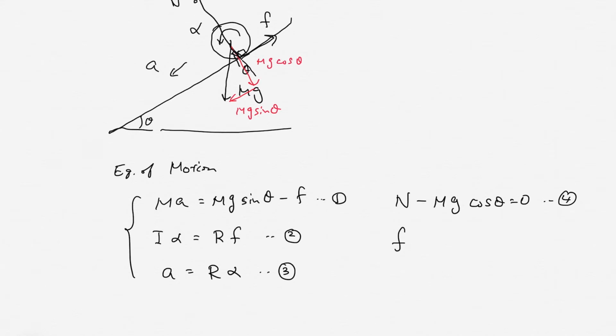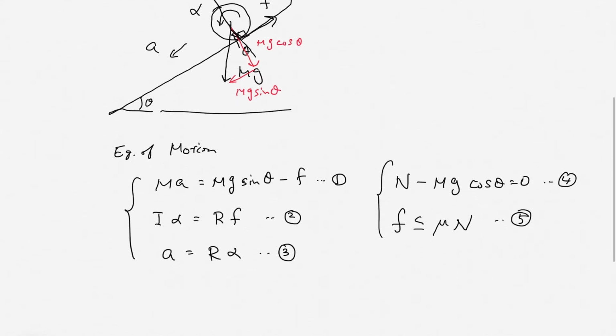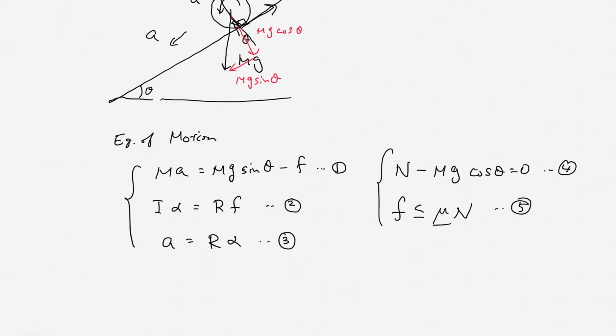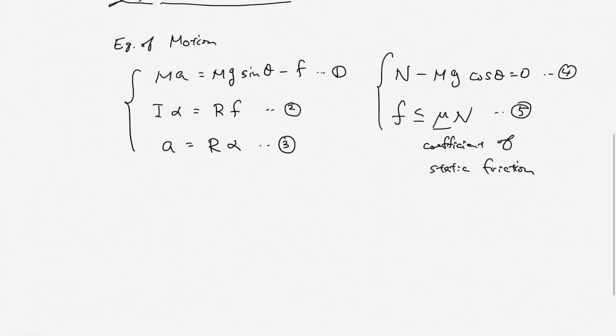Friction has to be smaller than or equal to mu N. This is equation number 5, where mu is the coefficient of static friction.